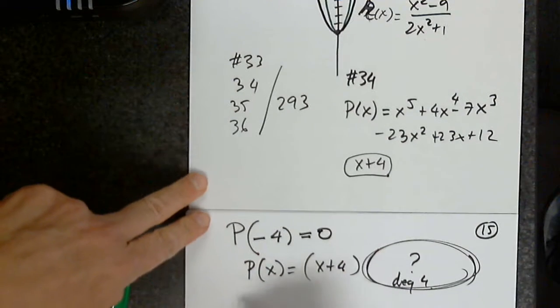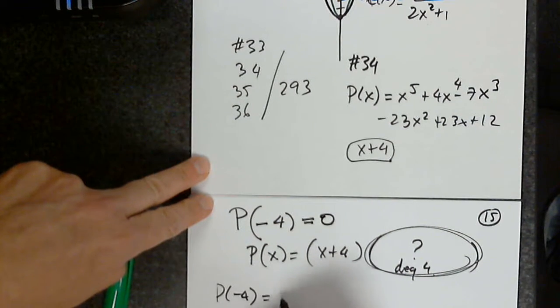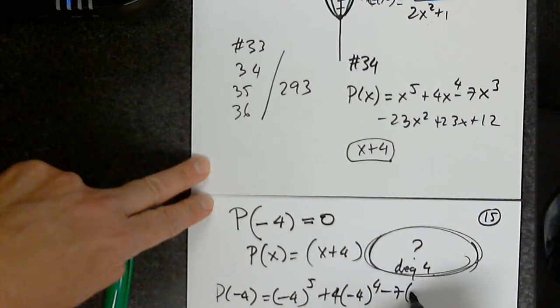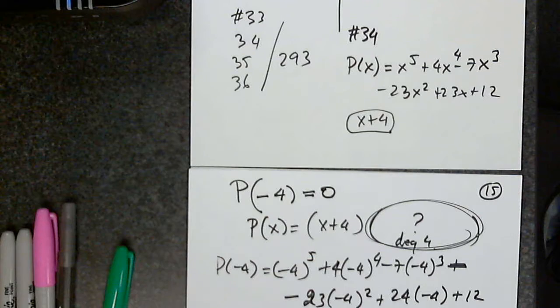So I'll have to plug in. So p of negative 4 is negative 4 to the 5th plus 4 times negative 4 to the 4th minus 7 times negative 4 to the 3rd, minus 23 times negative 4 squared plus 24 times negative 4 and plus 12. So I'm going to put this in the calculator.